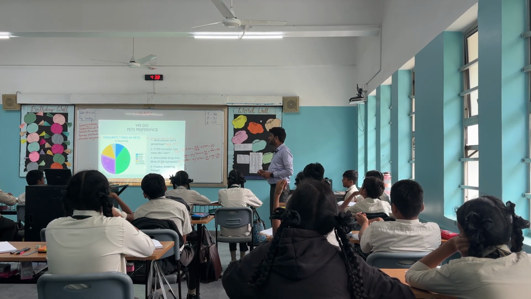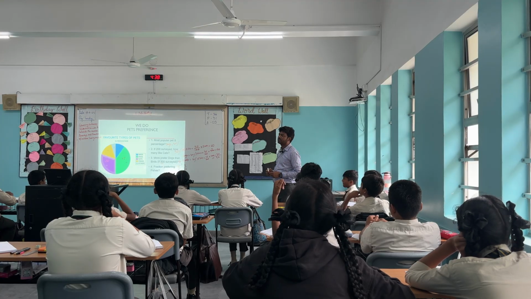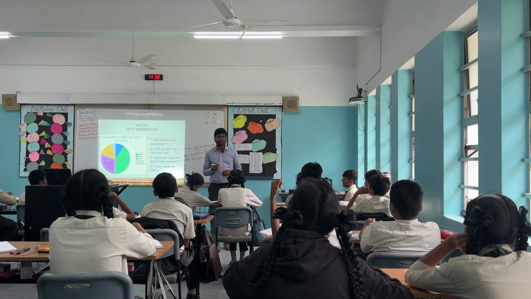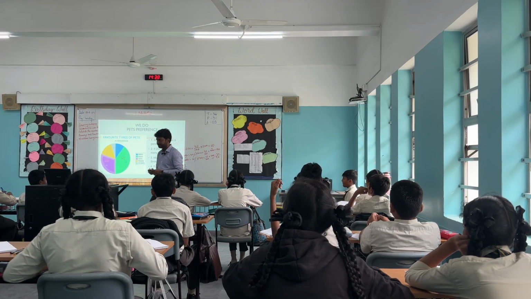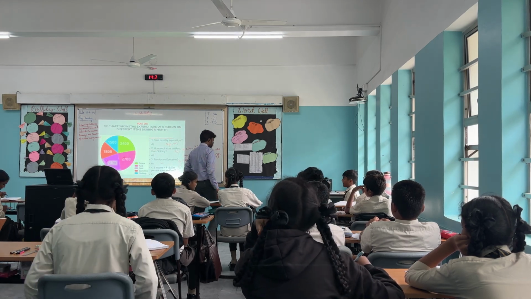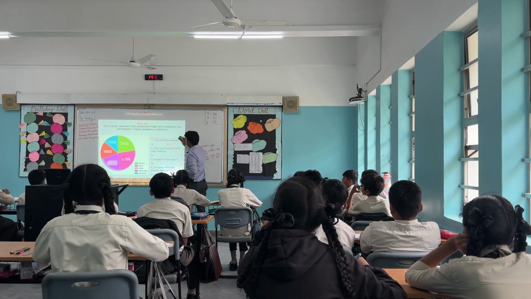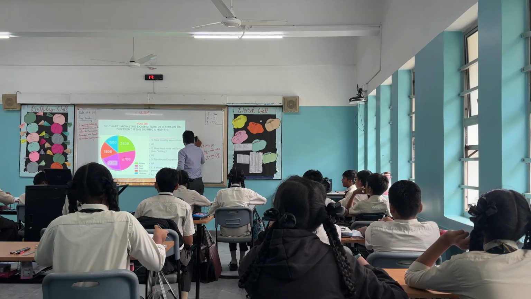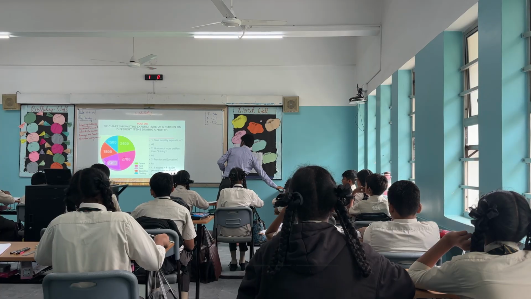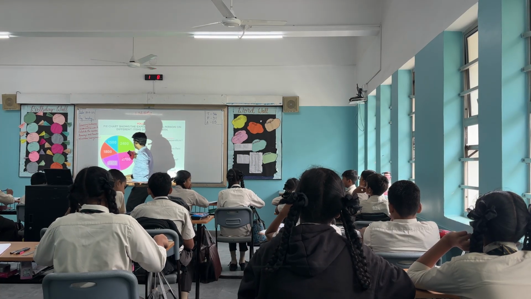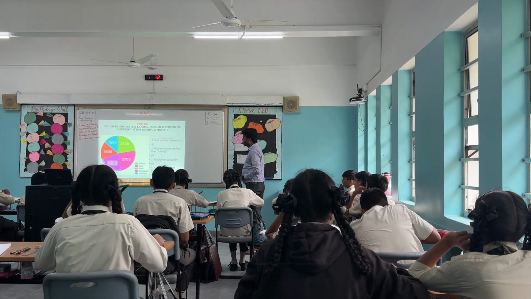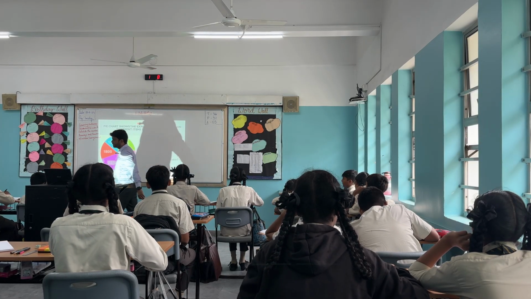Okay, right? Once you check it, any questions? Alright. Then let me assign you one question that you people have to solve. If you have any questions, you can ask.